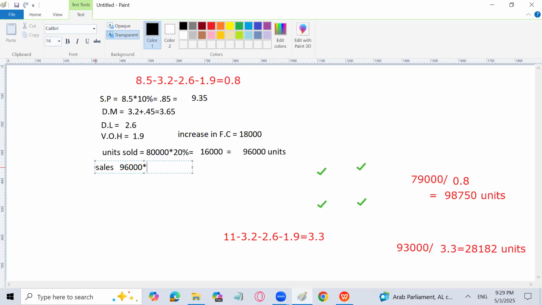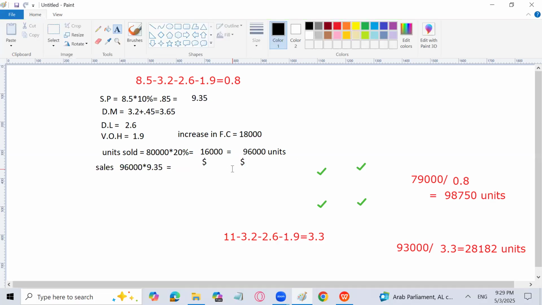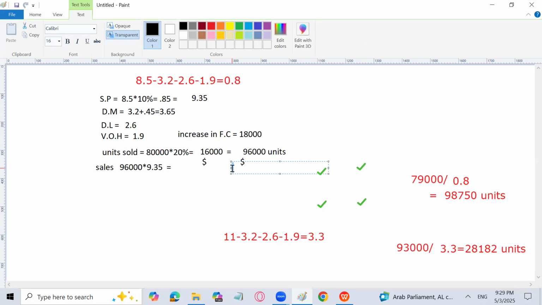96,000 multiplied by 9.35. So tell me the sales amount. Anyone? What is the amount of sales? 96,000 into 9.35. That is 897,600. Okay. Now less variable cost.